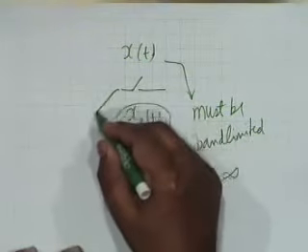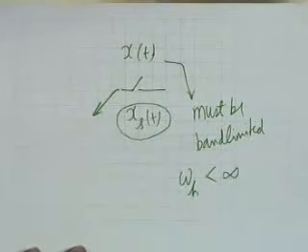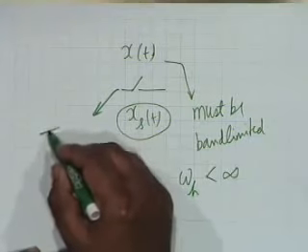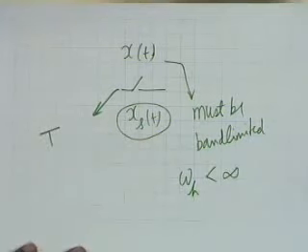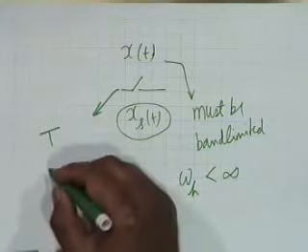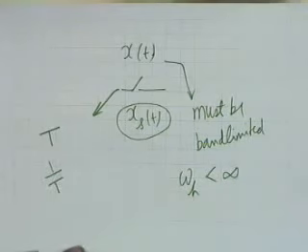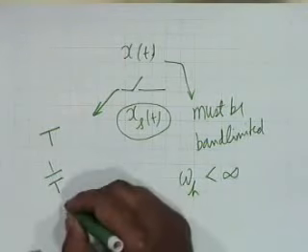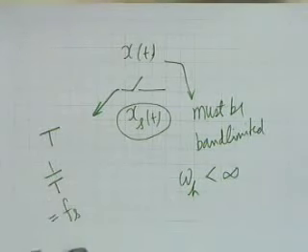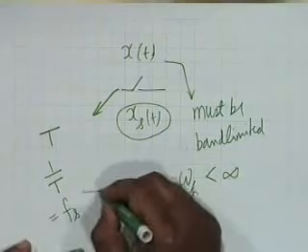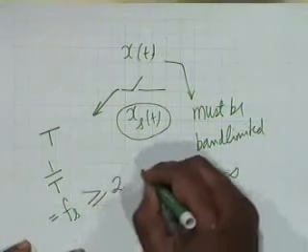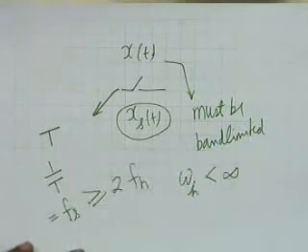And the constraint of the sampling process is that capital T, the sampling interval, must satisfy the relation that 1 by T, which is the sampling frequency, must be greater than or equal to twice the highest frequency content fh.